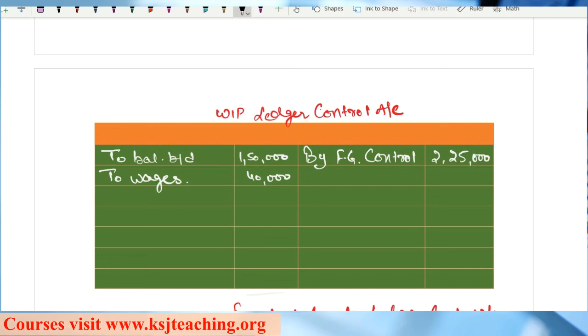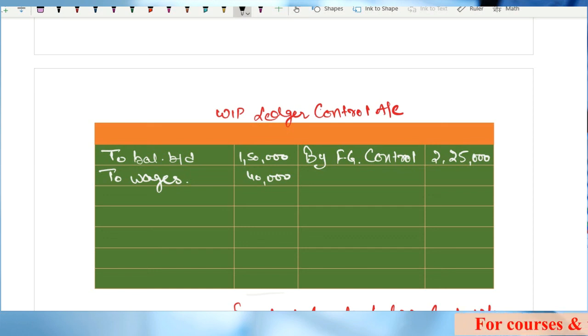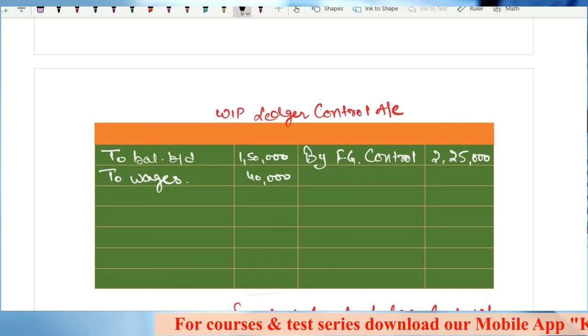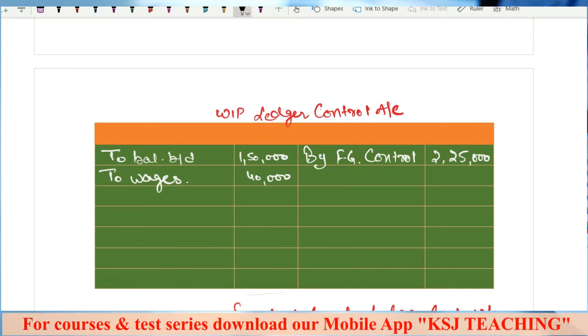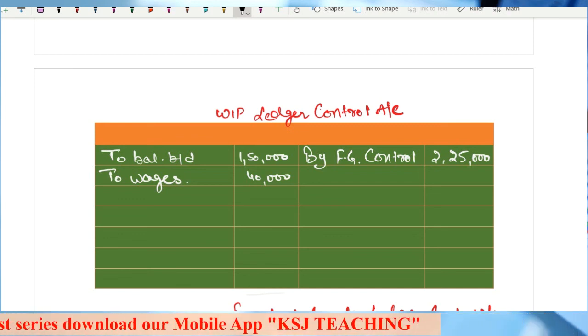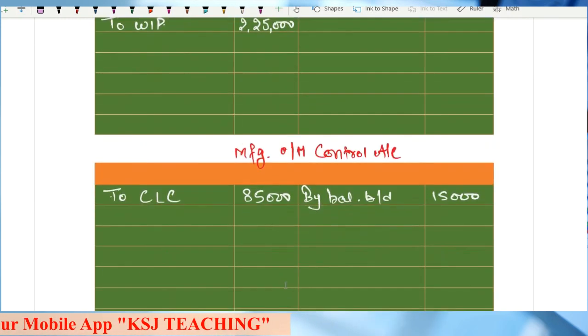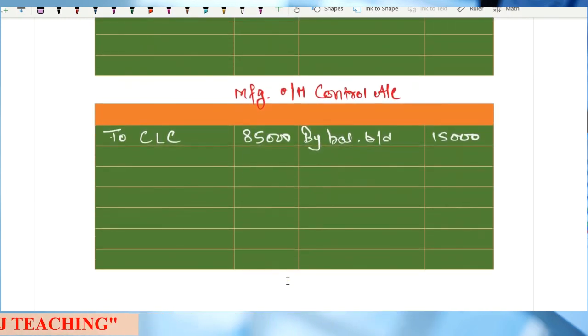Clear? Now what is the journal entry for the remaining 20,000? That is your overheads. So what I will write? Factory overheads to wages control, right? 20,000. So one entry will be in the manufacturing overheads. What is the entry to wages control account?